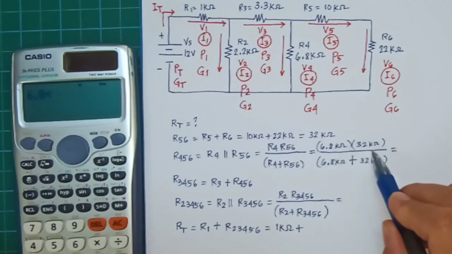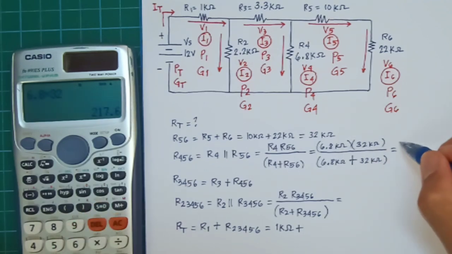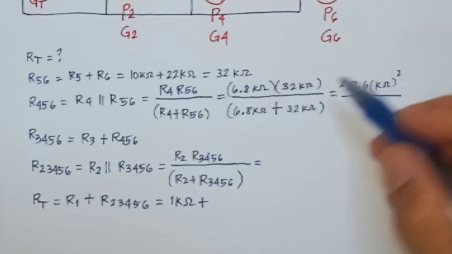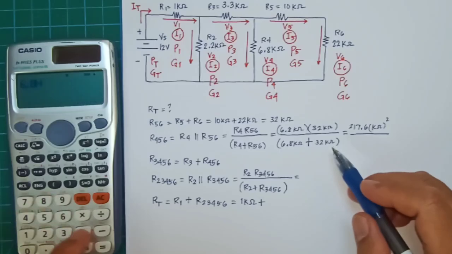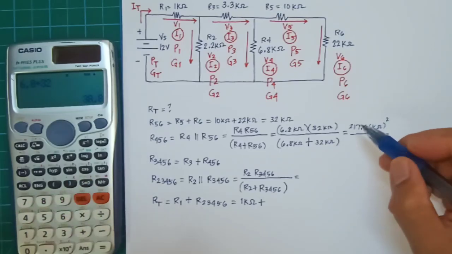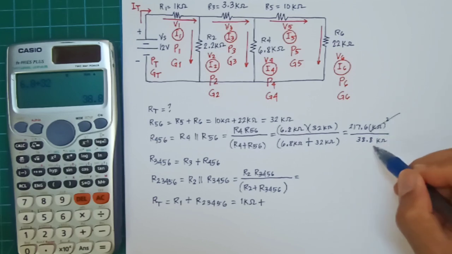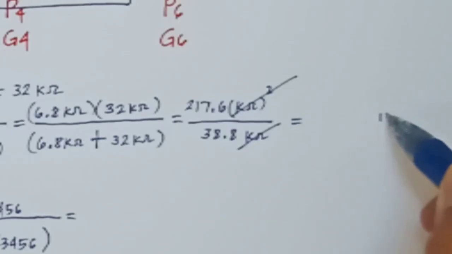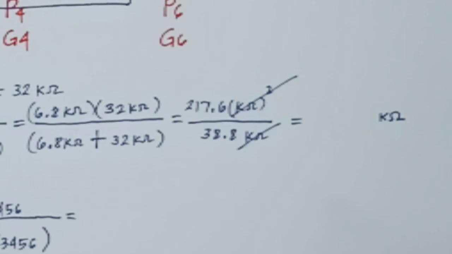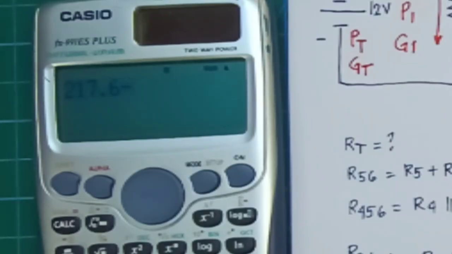Now let's get the answer of this R456. So we will be getting 217.6 kilo ohms squared, because we multiply kilo ohms by another kilo ohms, over the sum of 6.8 and 32, and then we'll cancel one of the kilo ohms there, and the single kilo ohms will be left.